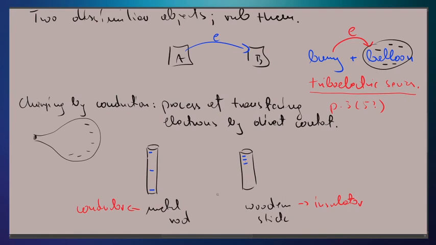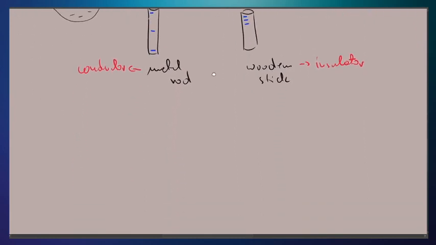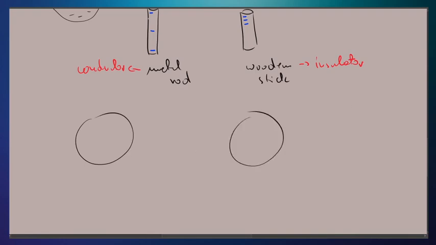So for example, suppose you had a question somewhere on a test and the question looked like this. Here are two substances and they were both charged by conduction. One of them looks like this and the other one looks like this. Which one is a conductor, which one is an insulator?